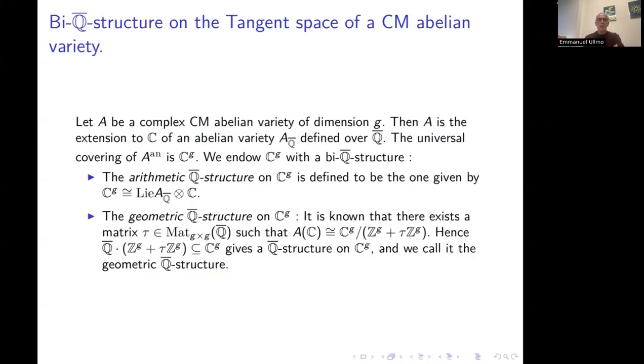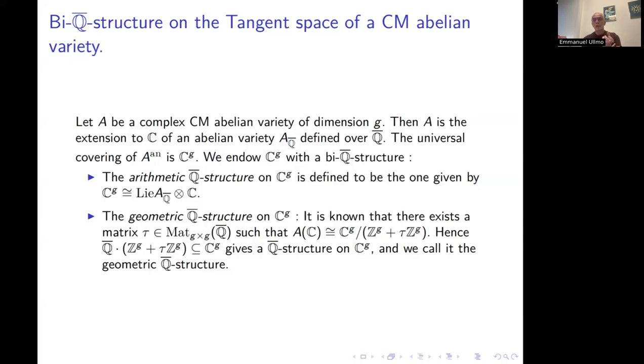The second one is more related to complex multiplication, in the sense that when you do complex multiplication, the abelian variety is written as usual as C^g divided by a lattice of the form Z^g + τZ^g.